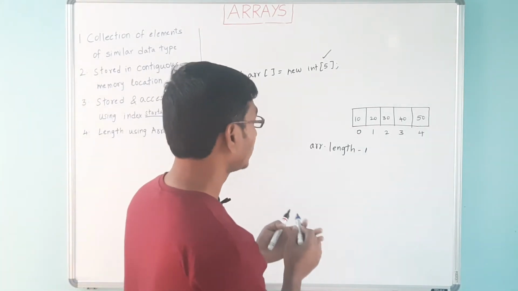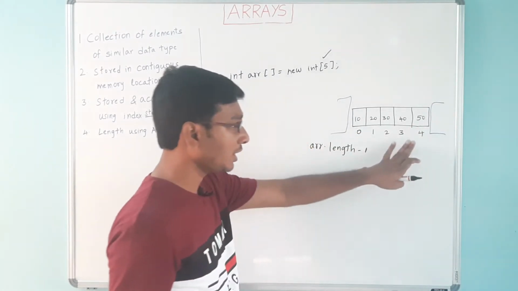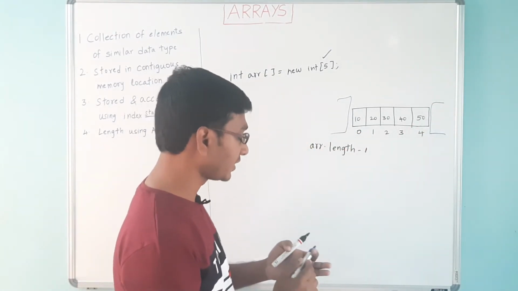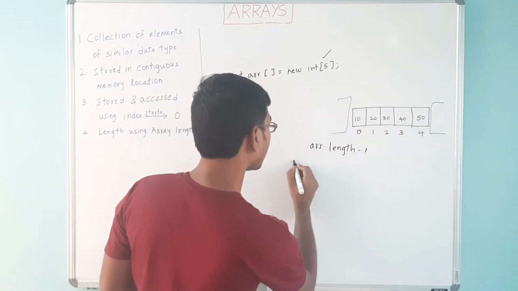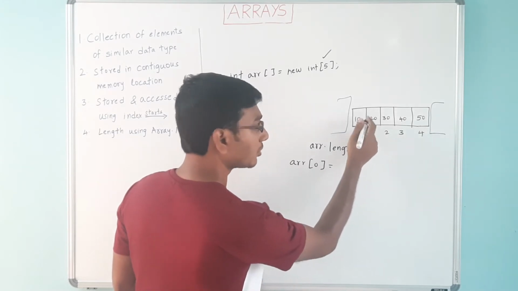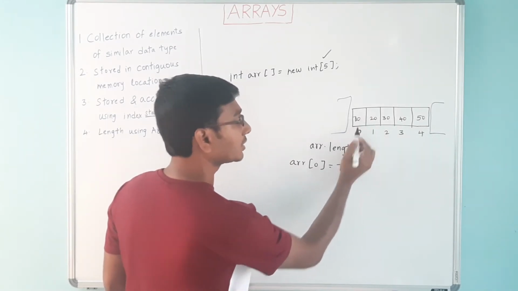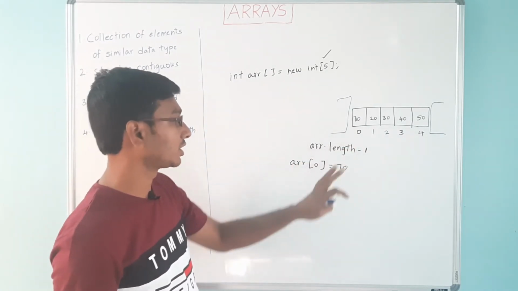And another important point here is, what if I specify the index like this? For example, this is fine, right? A of 0. If I want to modify this value to 70, it will be modified and 70 will be stored in the 0th index, fine.